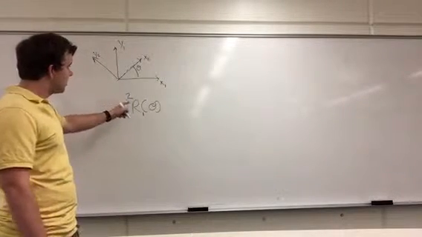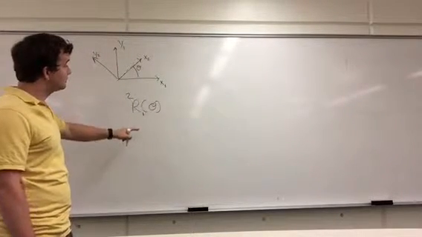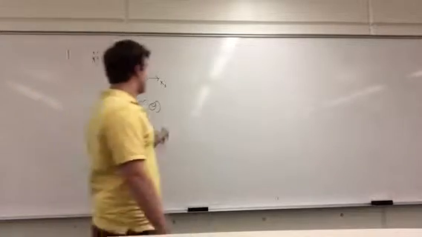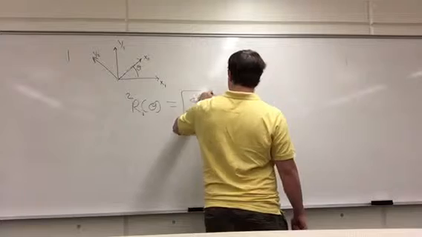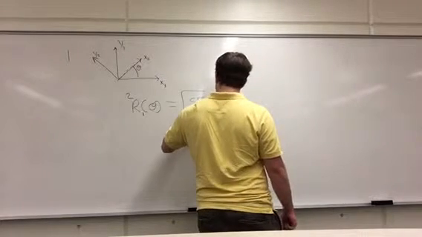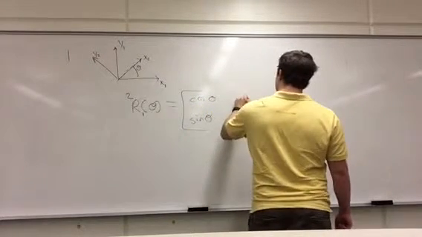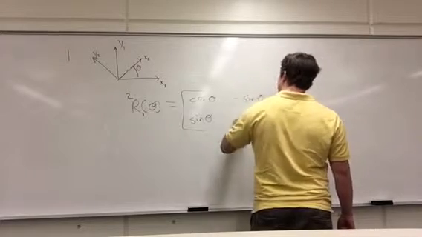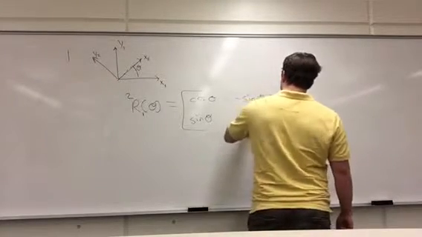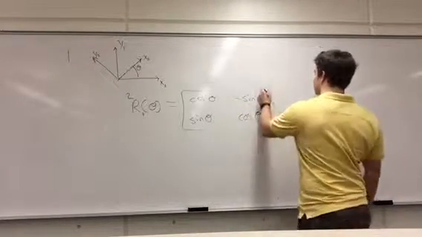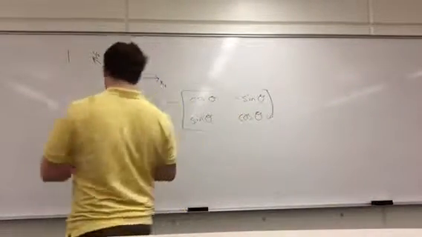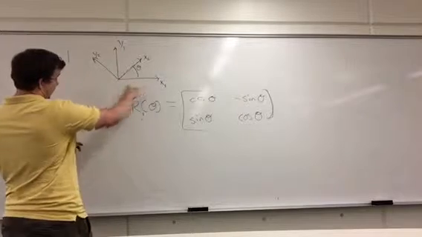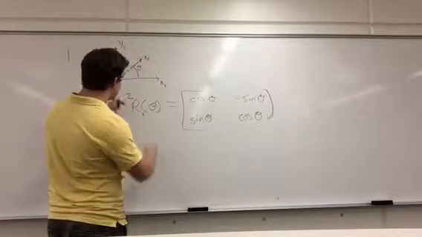So R2R1 of theta is going to actually be the cosine theta of that angle, sine theta of the angle, negative sine of the angle, and cosine of that theta. And by multiplying this by, let's say, x1, I can change it.